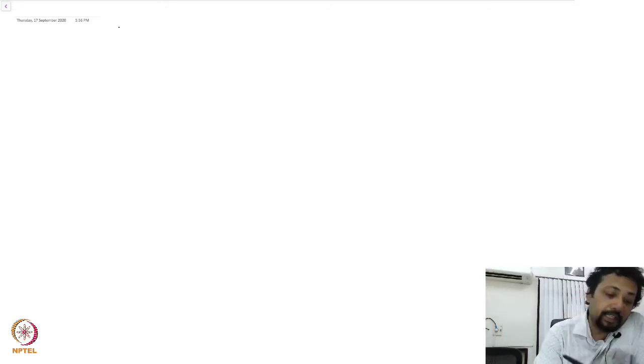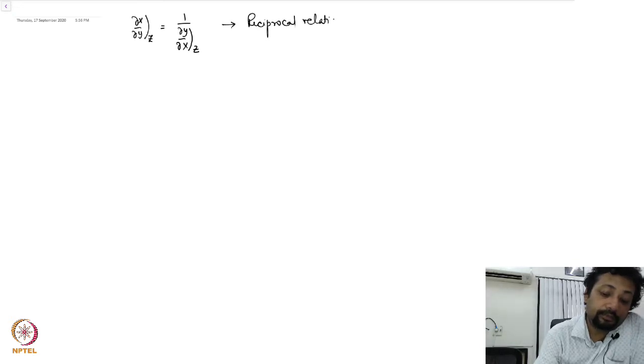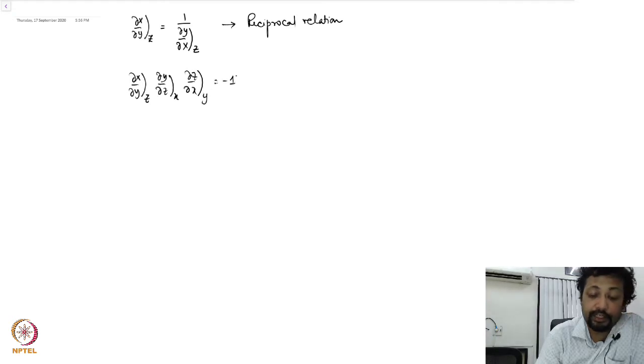Always remember the relations that we typically use. If z is held constant, del x del y at constant z is 1 over del y del x at constant z. This is your reciprocal relation. And then you have del x del y at constant z, del y del z at constant x, del z del x at constant y is -1. This is what is called the cyclic relation.